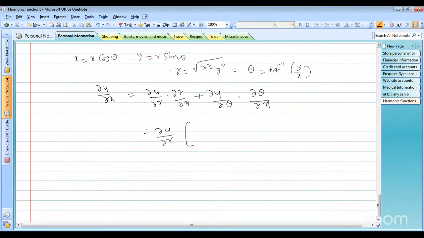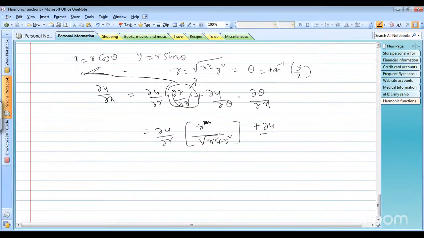What is ∂r/∂x? With r equal to the square root of x squared plus y squared, differentiating with respect to x, the square is removed and we get x divided by the square root of x squared plus y squared. Plus ∂u/∂theta, similarly, times minus y divided by the square root of x squared plus y squared. I am simplifying this and writing the derivation.